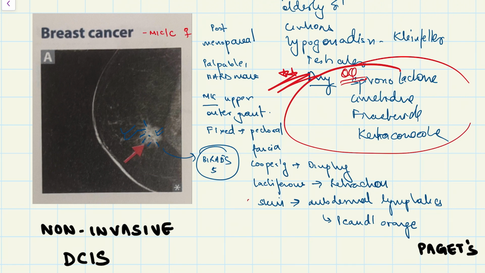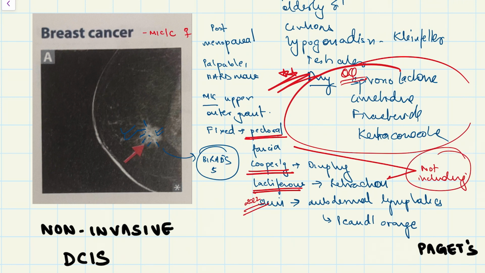This question was asked this year in NEET, right? What is important to note is that the fixity or the involvement of the pectoral muscle and Cooper's ligament or lactiferous ducts, right? These are not included in the staging of breast cancer. That is, involvement does not upstage the breast cancer, right?